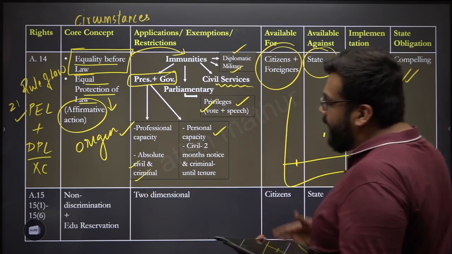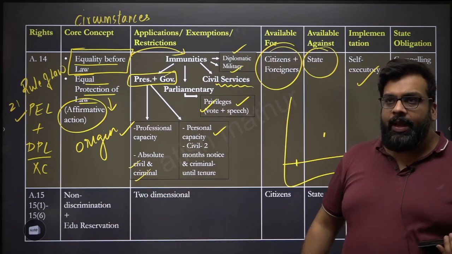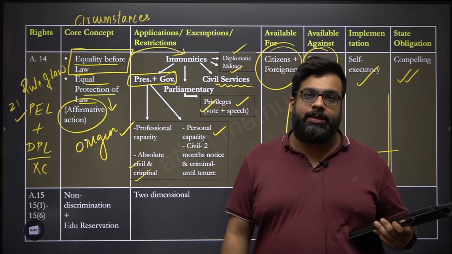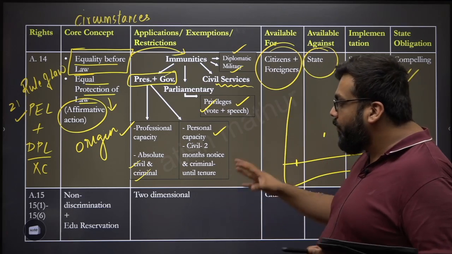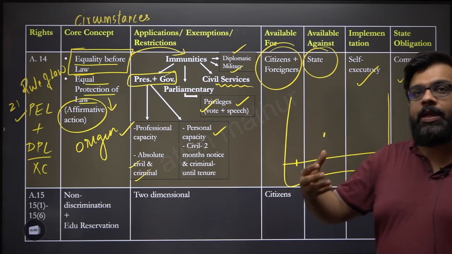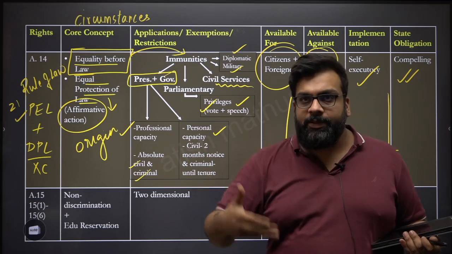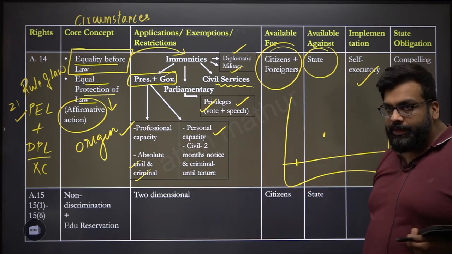Right now, Article 15 largely does talk about non-discrimination, and of course, it talks about education-based reservation. And as a whole, it is available for citizens only, because you're trying to do something special. You're trying to give a platform for people, so therefore you would want to keep it only for citizens.